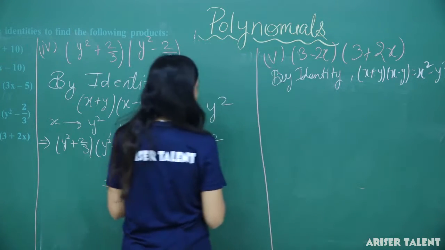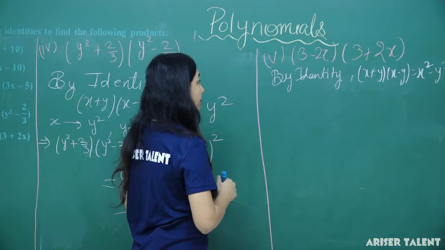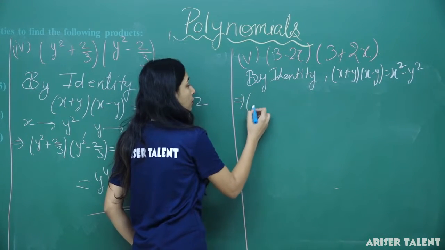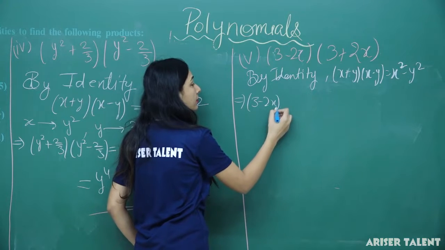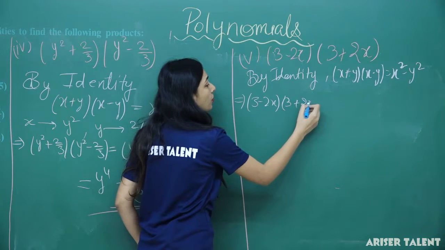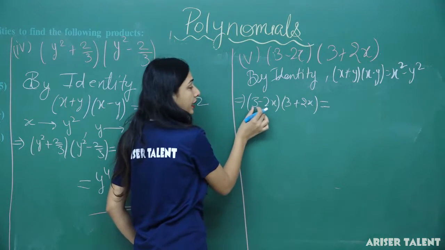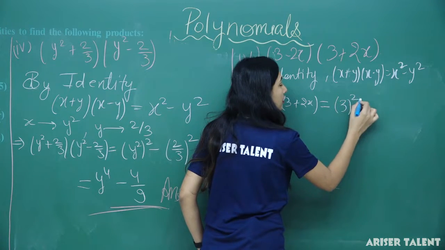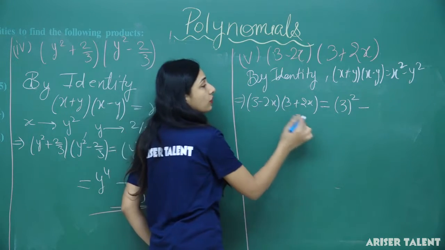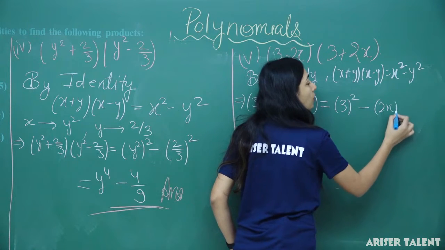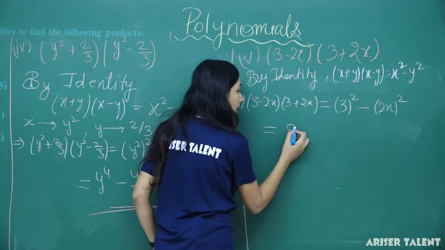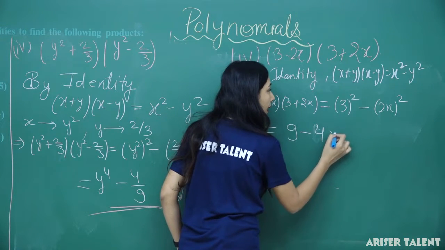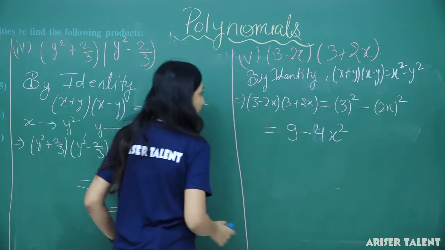Okay, so what we are going to write here is simply 3 minus 2x, 3 plus 2x will be equal to x square, that is 3 square, minus y square, that is 2x whole square, and that will be 9 minus, not 2 but 4x square.